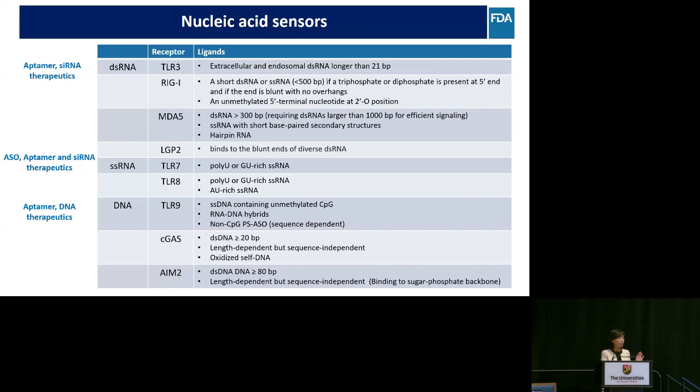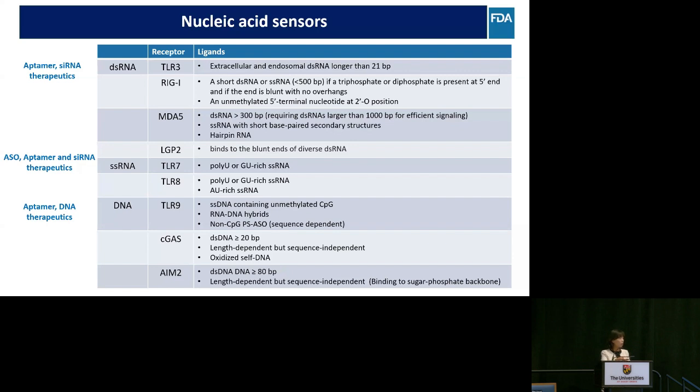So potentially, in theory, siRNA therapeutics or functional aptamers can bind these receptors. TLR7 and TLR8 are known as single-stranded RNA receptors. So in theory, ASOs, aptamers and denatured siRNA can bind to these receptors. There are also DNA binding receptors; DNA aptamers and DNA therapeutics can bind TLR9, cGAS, and AIM2.